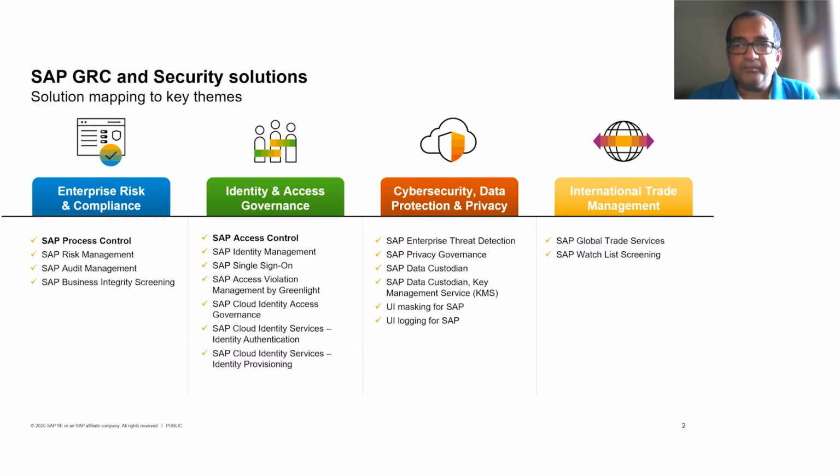So we have very robust offerings in the area of cybersecurity, data protection, and privacy, including being able to generate various kinds of alerts in case there are any internal or external threats that the system can perceive, right? So we have a SIEM system, which is a security incidents and events monitoring system, only for your SAP application exclusively, right?